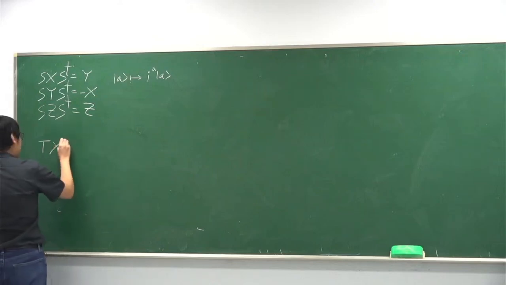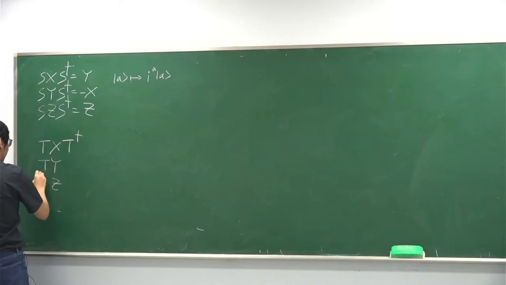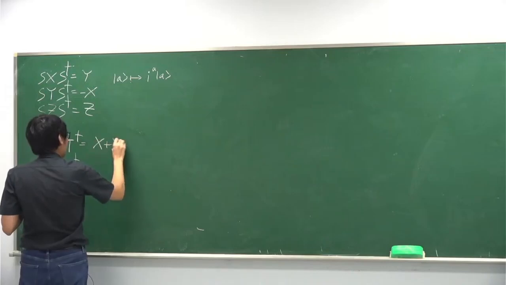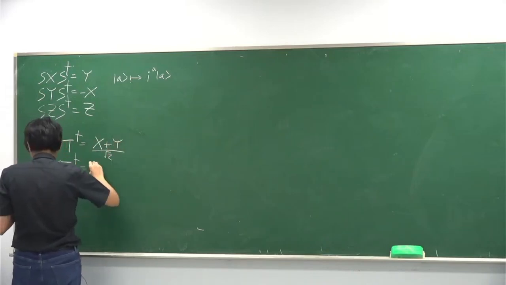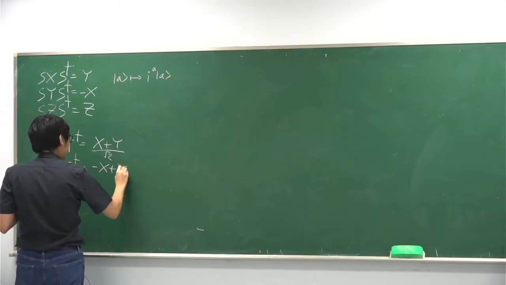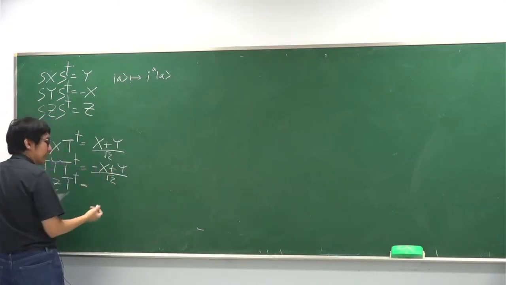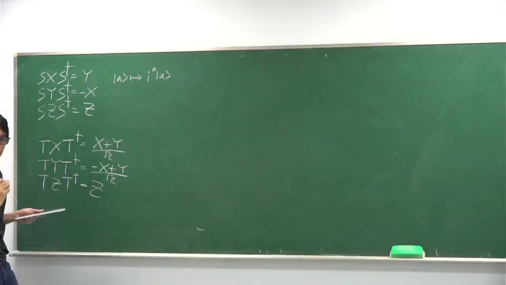Here you get a linear combination of Paulis. And of course, the T gate is a rotation around the Z axis, so it doesn't change the Z axis.